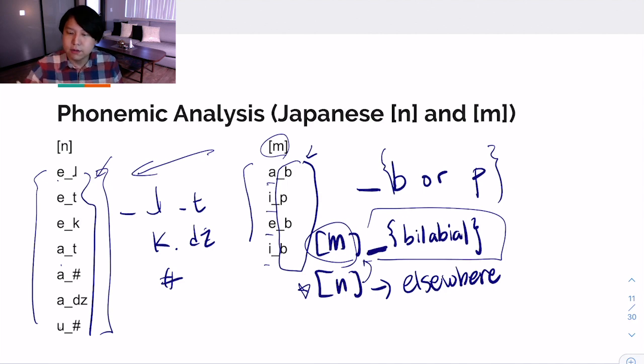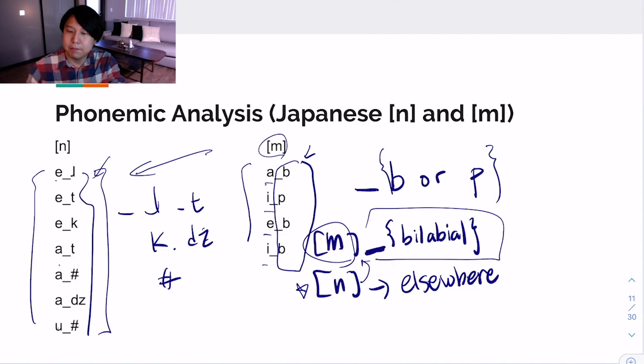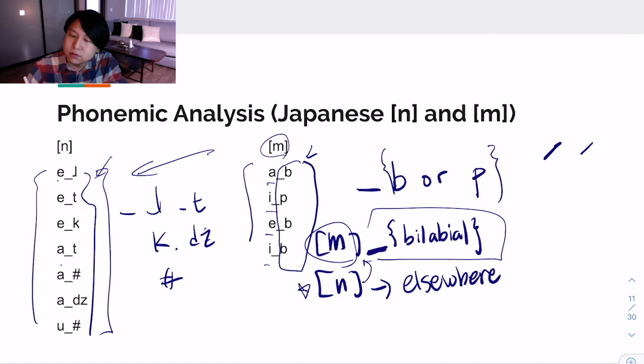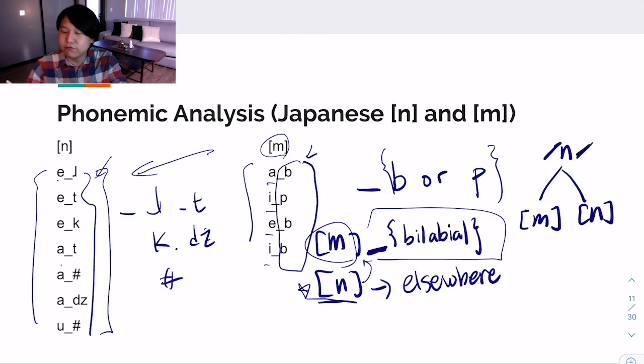So you can say there's a single phoneme N, which I set as a default, that can exist as M or N. They can be realized as an m sound or an n sound, decided based on the environment, the position where that phoneme exists.